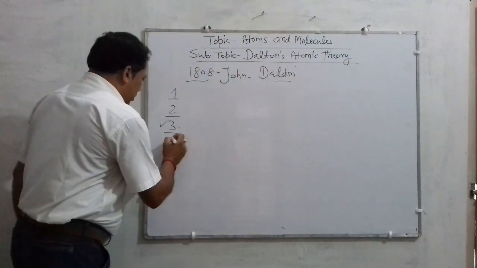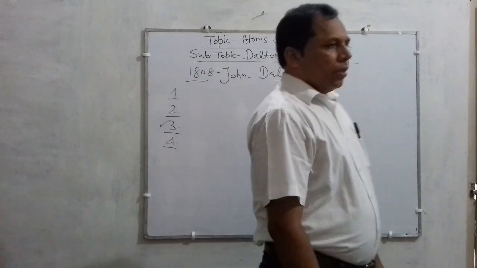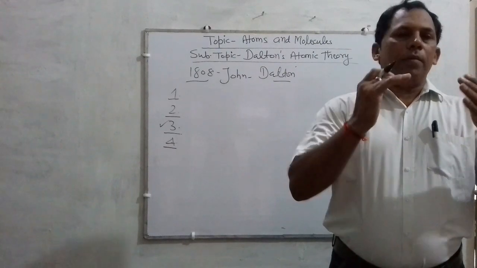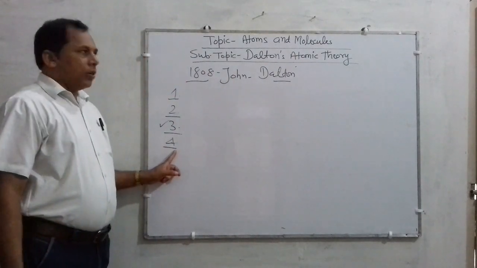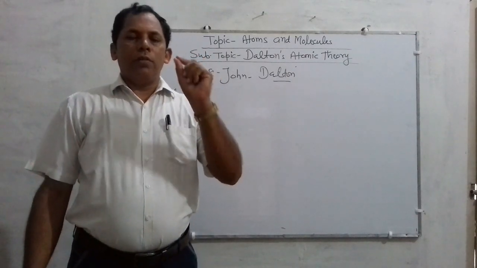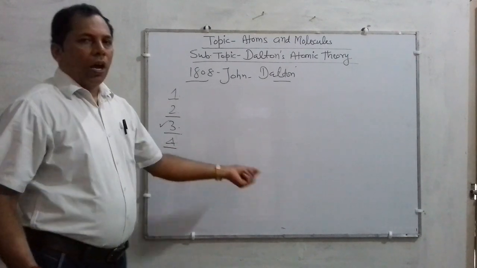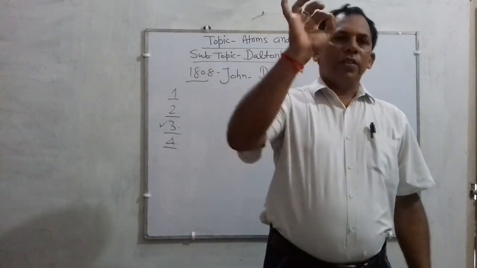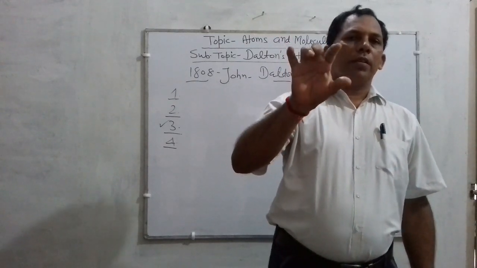The next statement of this theory is that atoms of a particular element are identical in all respects. Listen, the fourth postulate states that atoms of a particular element are identical or similar in all respects, which means they possess the same size, same shape, same mass and similar chemical properties.